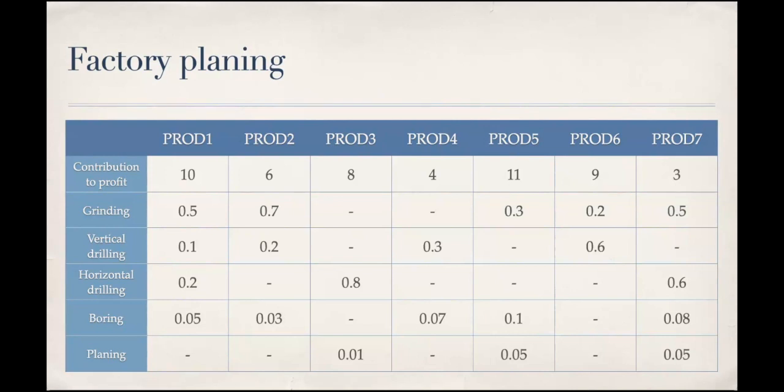For example, for product one, the contribution to profit is 10. You don't have to pay attention to the unit; maybe 10 baht or $10. For product two it is 6, and then 8, 4, 11, 9, and the last one 3.